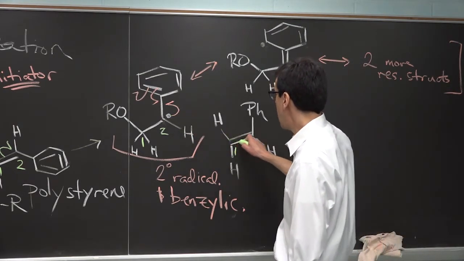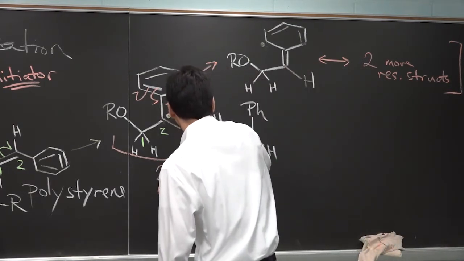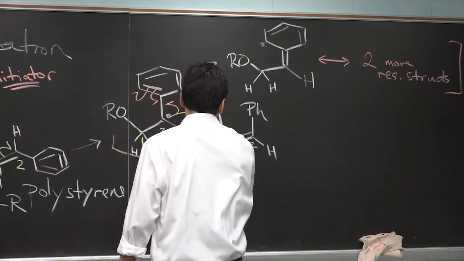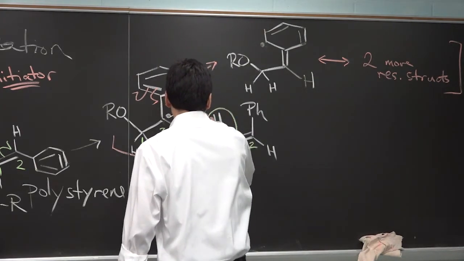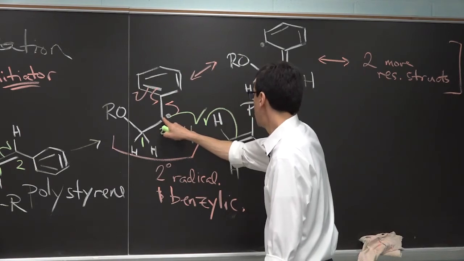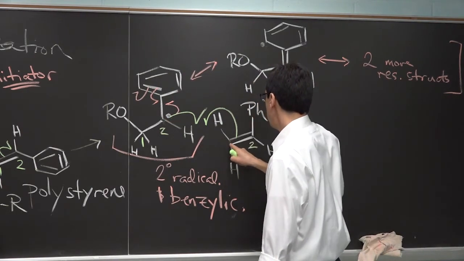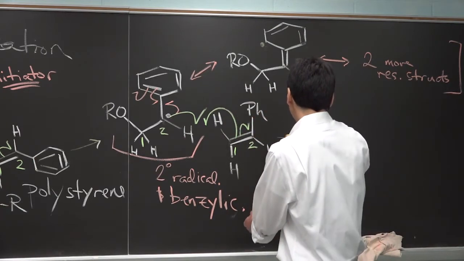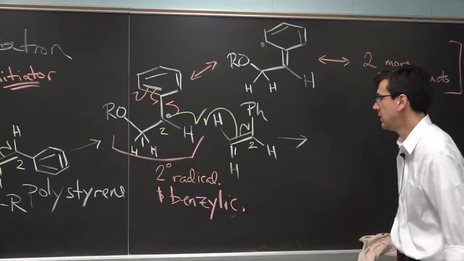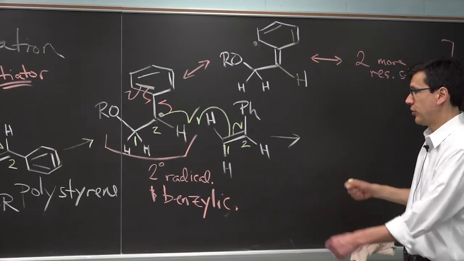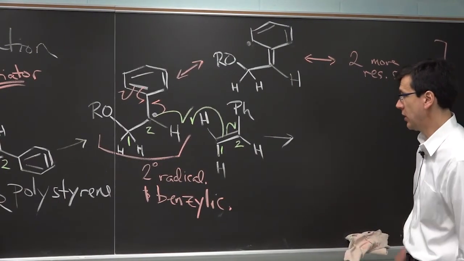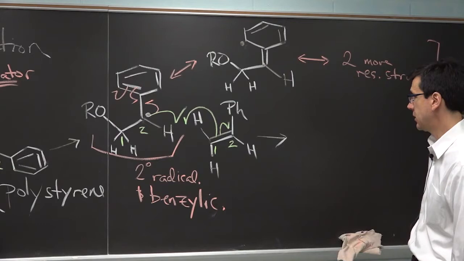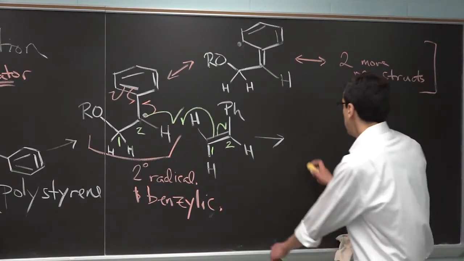This radical should add to styrene, and it should add with the same regioselectivity that we saw before. Namely, the new carbon-carbon bond should be formed between here and here, and that allows you to make a new benzylic radical with 2 units of styrene incorporated. So see if you can draw that product.